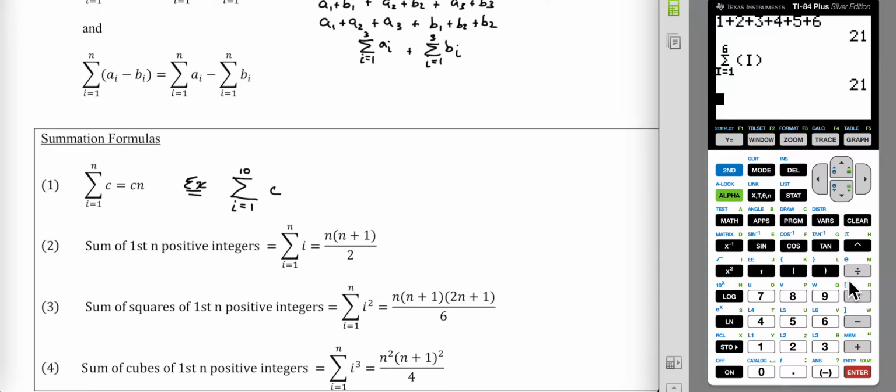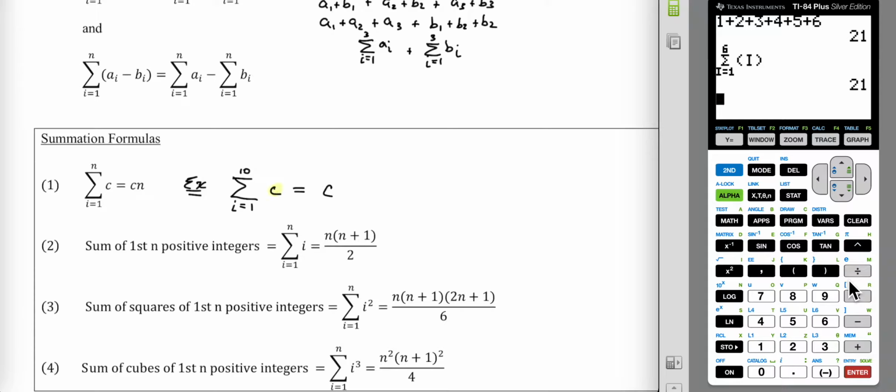All right. Since there's no i written anywhere within the argument of this summation, there's nowhere to substitute the 1, then the 2, then the 3, all the way up to 10. But we still will have 10 terms of the sequence, and those 10 terms will be composed of the constant c.